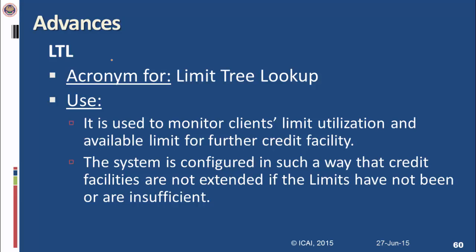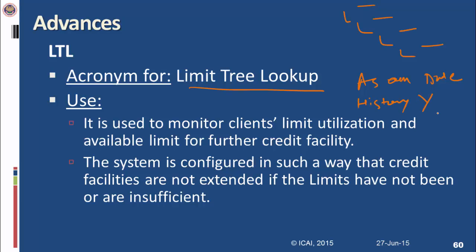LTL, as we have discussed in the concept stage, the limit and the limit node. Limit tree lookup will give us the limits based on separate nodes, and at each node level the limits will be there. We can verify each limit at that point of time. The only thing is that it will be as on date information. We cannot have a history of the limit tree, because that is not possible.